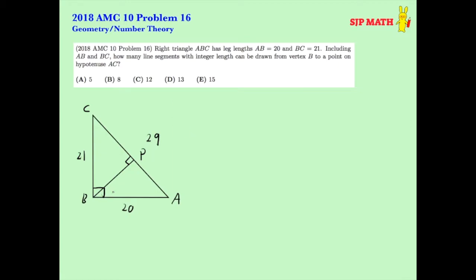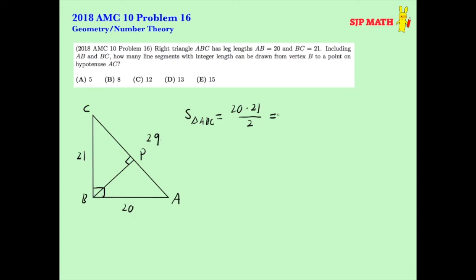Now let's try to find the length of BP. We know that the area of triangle ABC is equal to AB times BC over 2, which is 20 times 21 over 2. But we can also calculate the area of this triangle in a different way, which is AC times BP over 2.